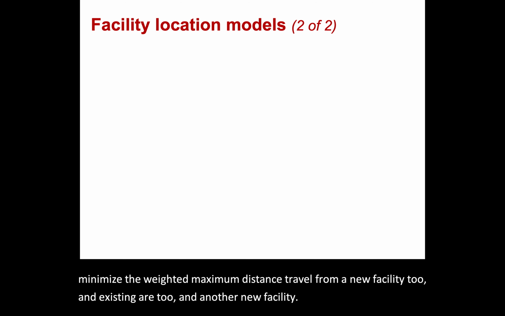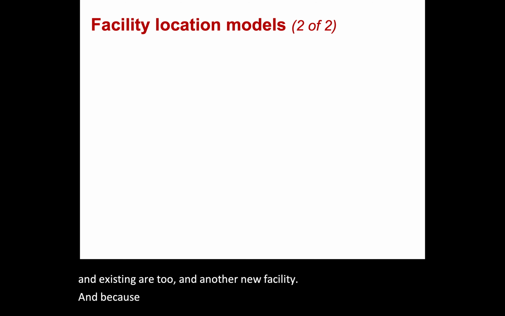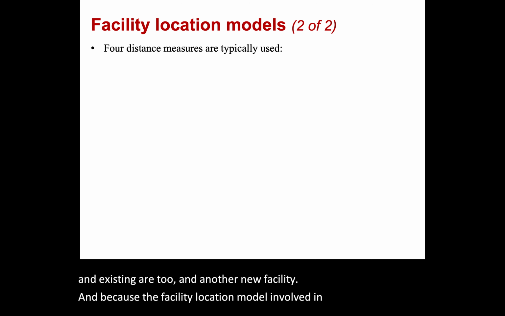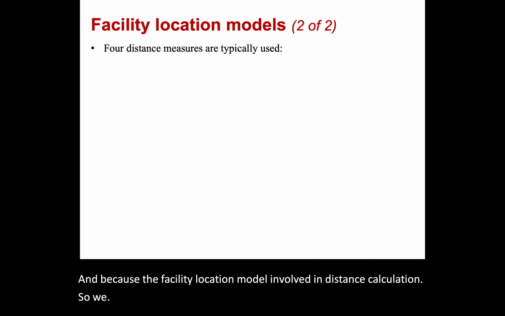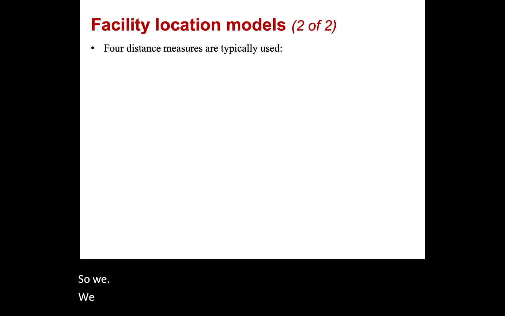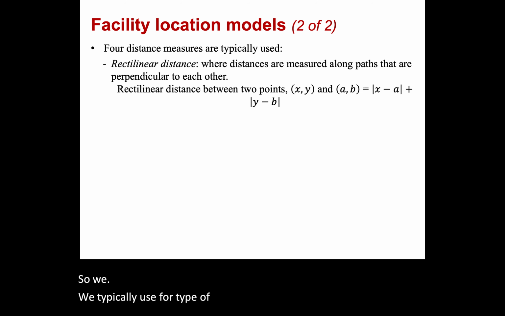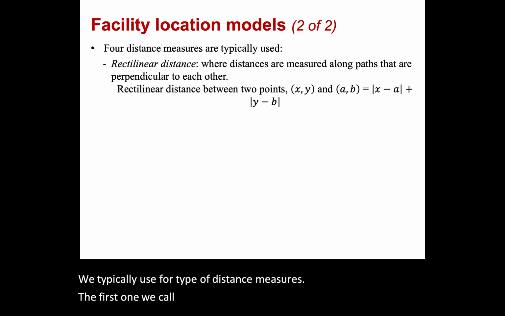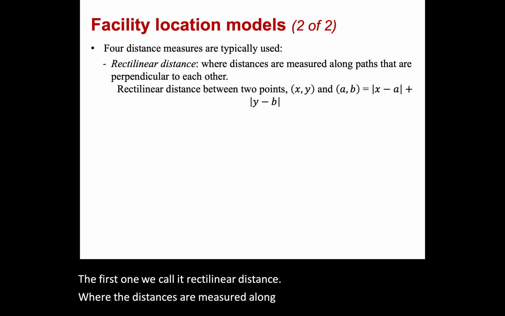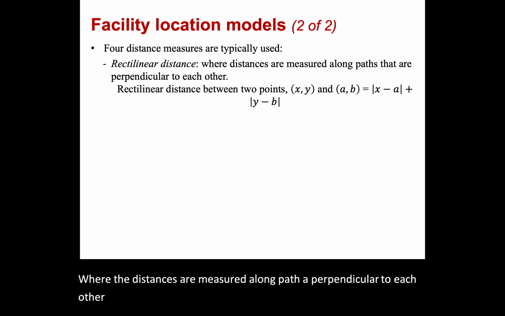Because the facility location model involves distance calculation, we typically use four types of distance measures. The first one we call rectilinear distance, where distances are measured along paths that are perpendicular to each other, or in Vietnamese, vuông góc.